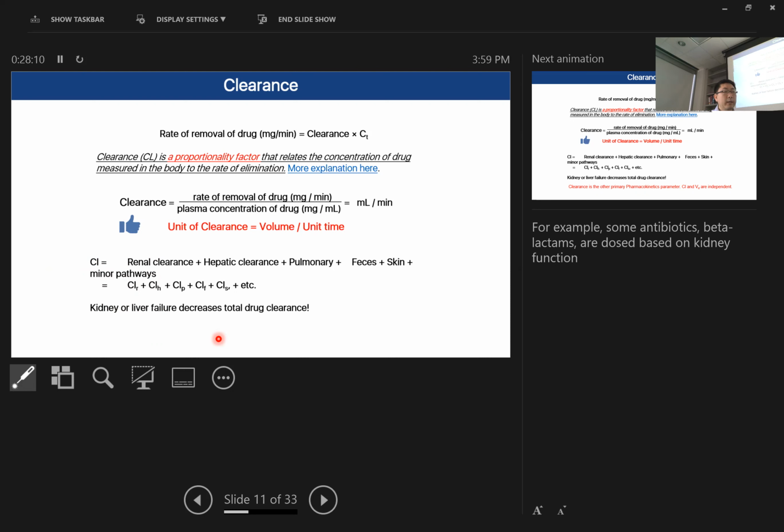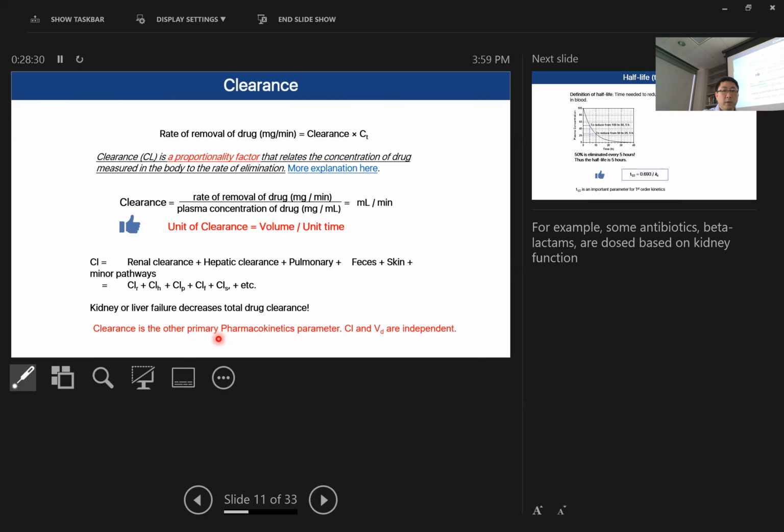For example, digitoxin, a drug used to treat heart disease, has a very small therapeutic window. You have to dose it correctly and follow the plasma concentration. In the hospital, they do that all the time.